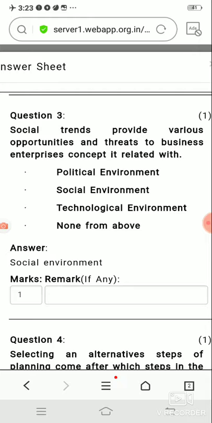If your business is affected by political policies or political interference, that will come under the political environment. Here the business is affected by the opportunities and threats provided by social trends, social customs, and society people. These all come inside the social environment.